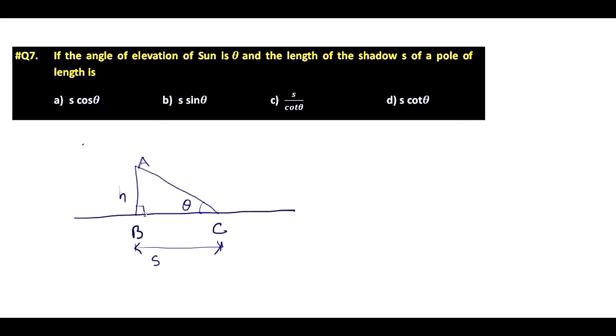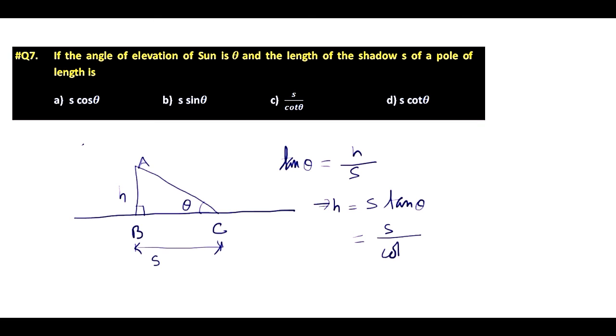Very clear-cut example. These two mean perpendicular, you have to relate with base. So what ratio will be best relating it? Tan theta, that is P by B, that means H by S. So H is S tan theta. Very nice. Okay, but S tan theta is no good.